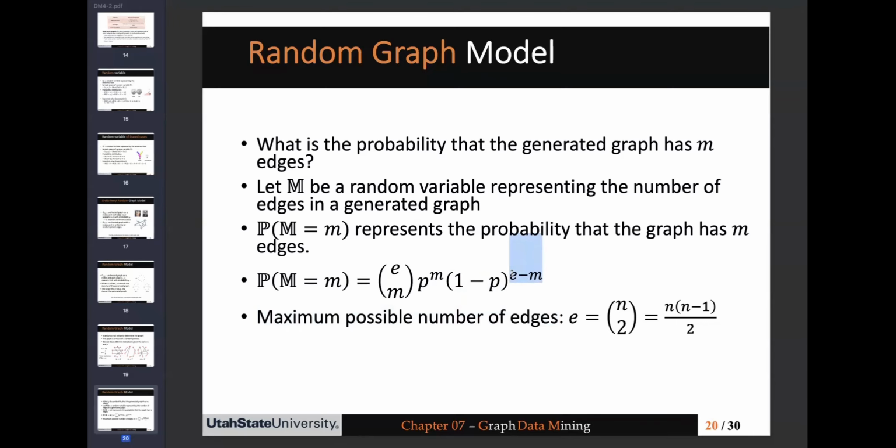So in other terms, P(m) is E choose m times p to the power m times 1 minus p to the power E minus m in this case.